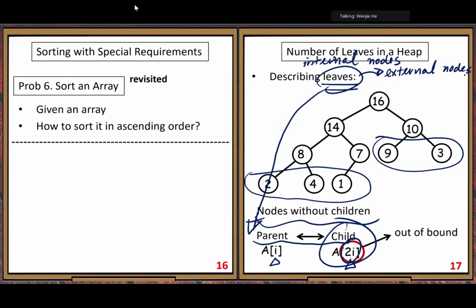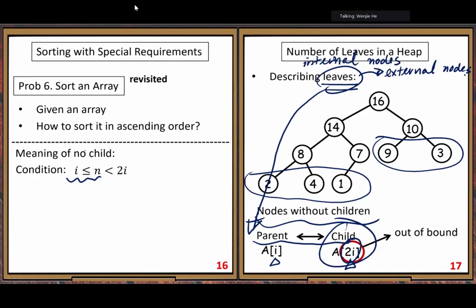What is the range for valid indices in a heap? From 1 through n, right? Lower bound is 1, upper bound is n, between 1 and n. All right. So meaning of no child, this property, and first, the index i must be in the range, right? i less than or equal to n.